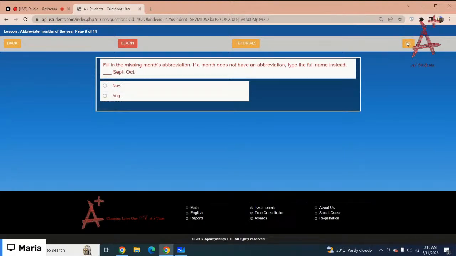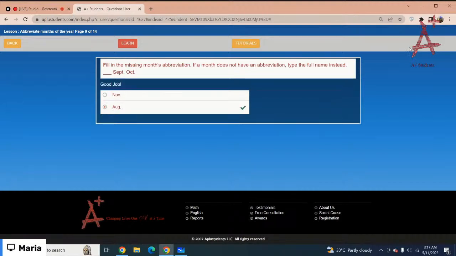Fill in the missing month's abbreviation, which is the month before September. Before September, it would be August. It would be August, September, and October. Very good.